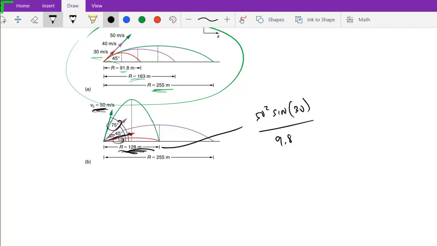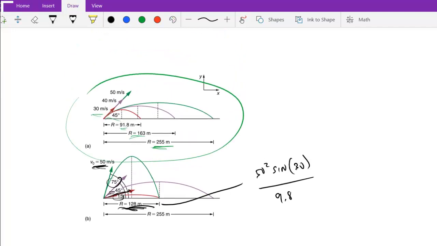So 40 degrees and 50 degrees would have the same range. 10 degrees and 80 degrees would have the same range as well. So two angles whose measures are equidistant from 45 degrees will have the same range. It's a fun little fact there. So there's a range equation and some of the results of it.